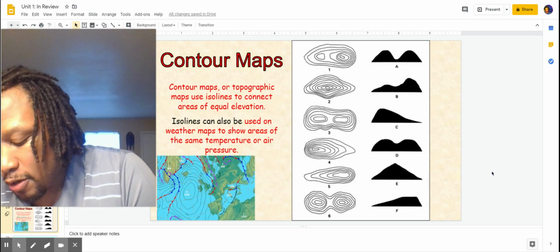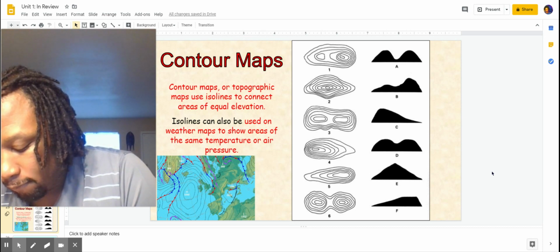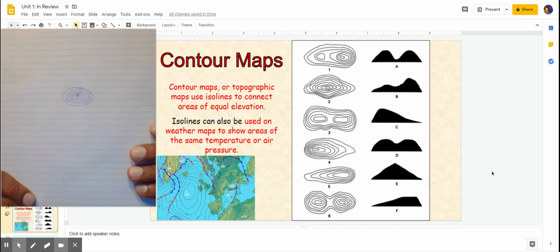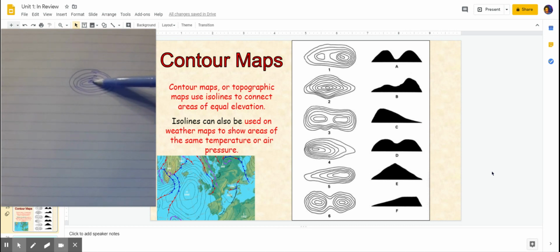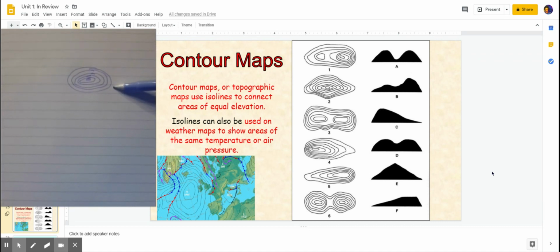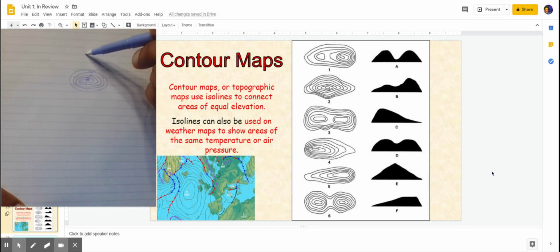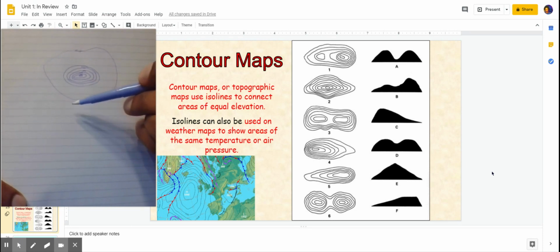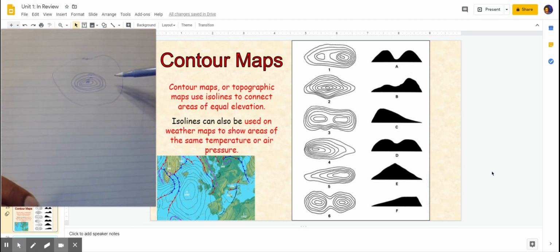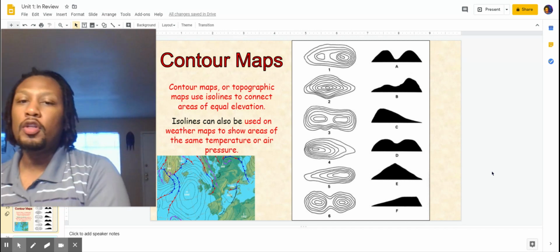And what's happening is this area right here is higher in elevation than this area right here. And this is an even lower elevation. Okay.